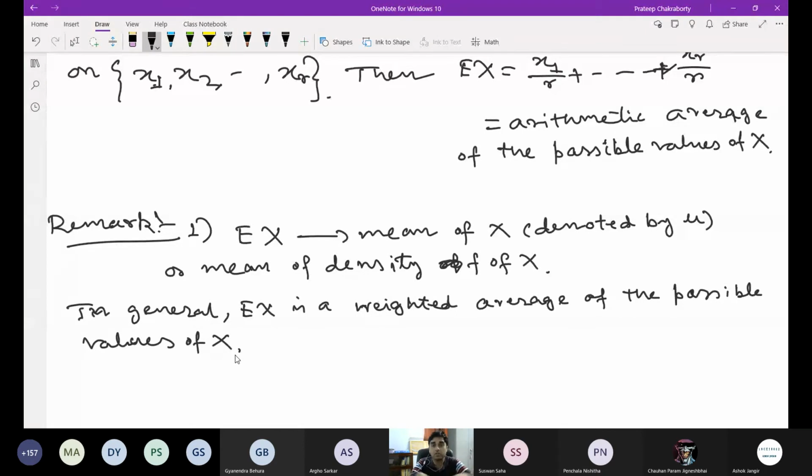But if it is not near mu, then Ex is not a very good way to summarize the probability distribution. If all the values are near mu, then we can represent the probability distribution by a single number, the mean. Otherwise, this is not a good way to represent it.